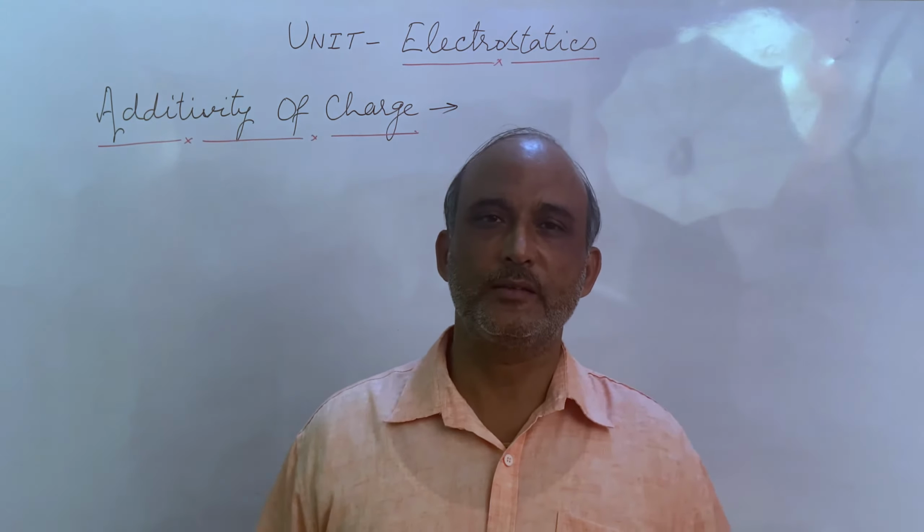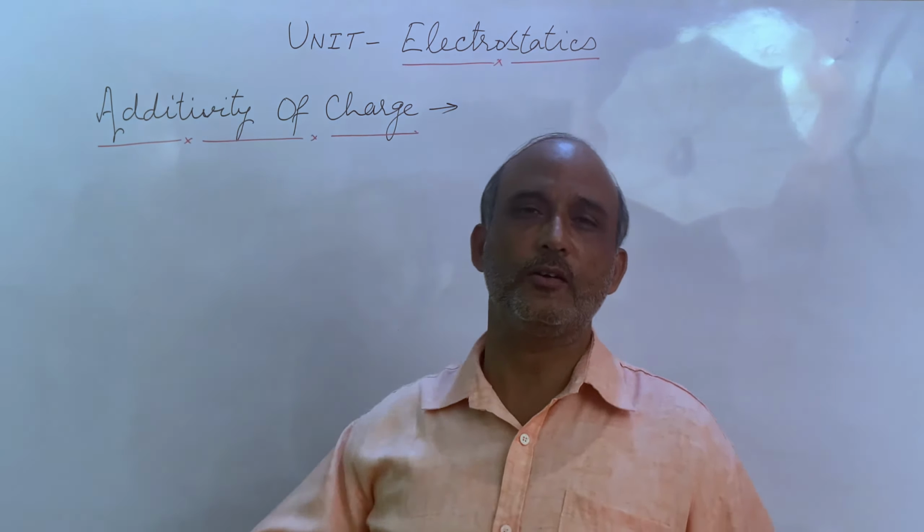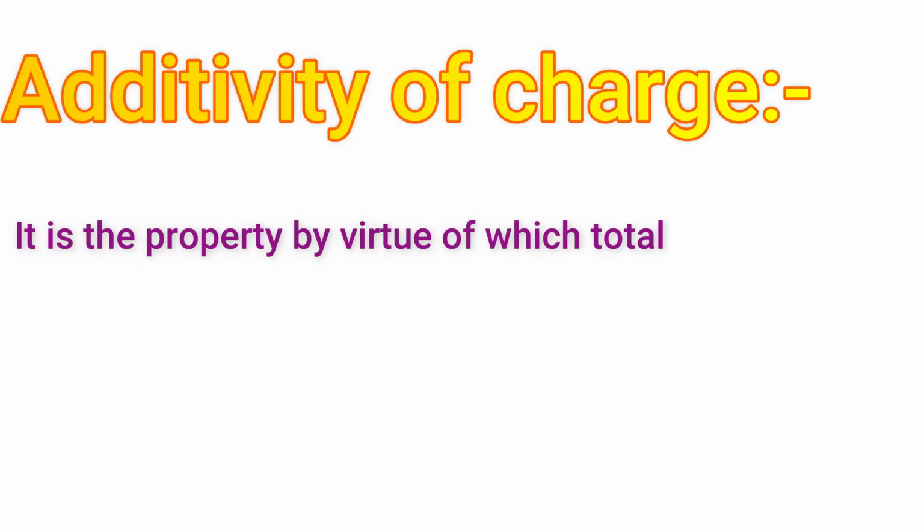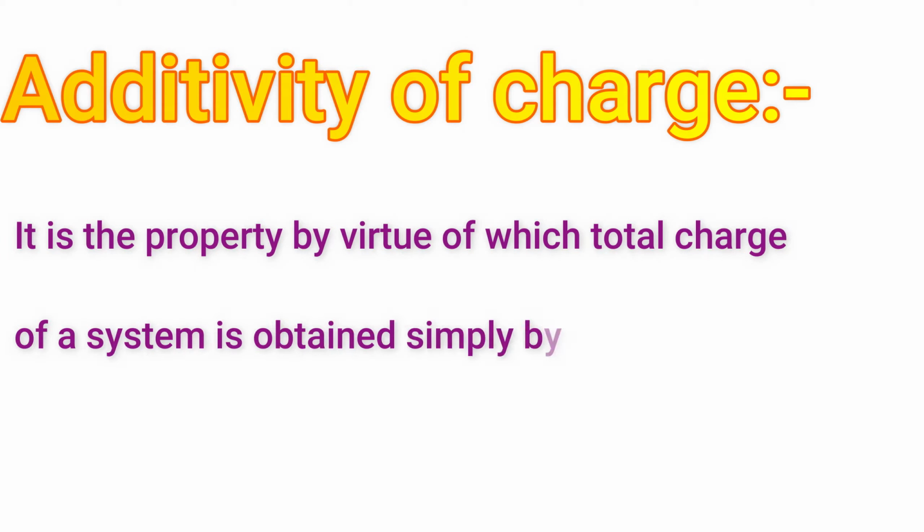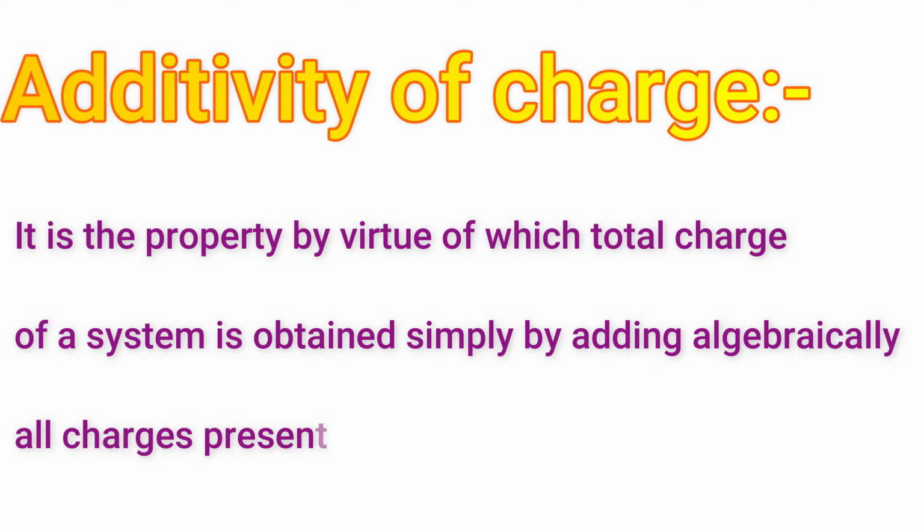The next topic is additivity of charge. It is the property by virtue of which the charge of any body or system can be obtained by adding algebraically all the charges present in the system.